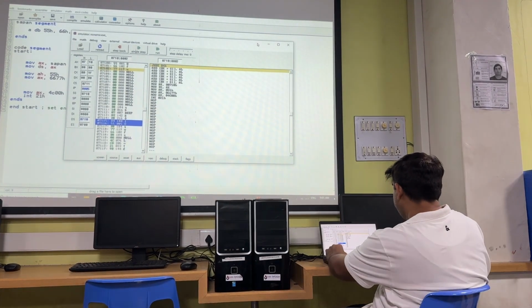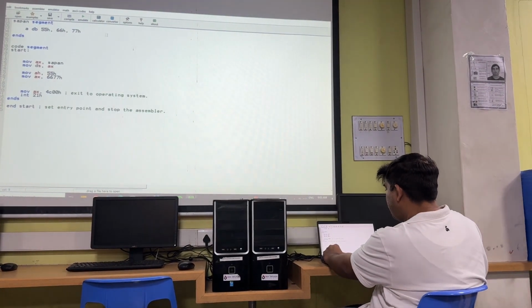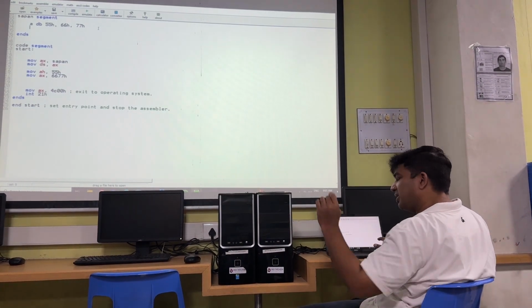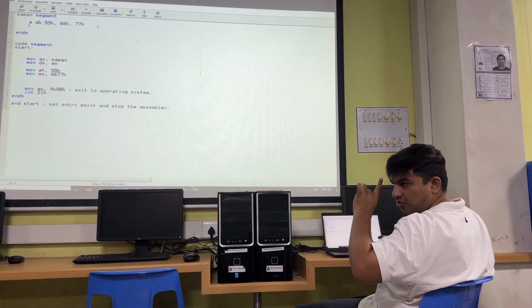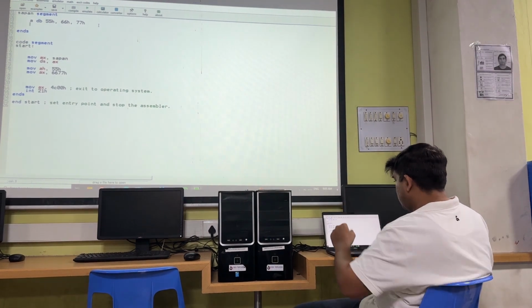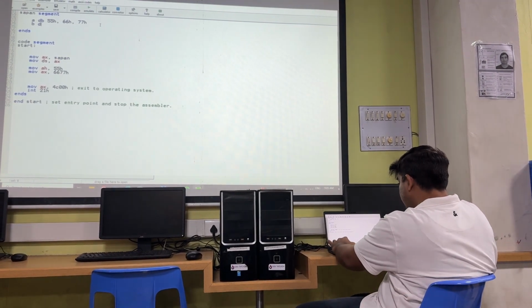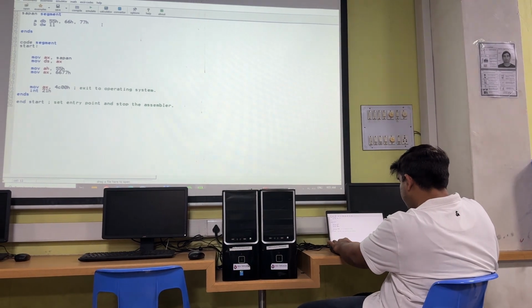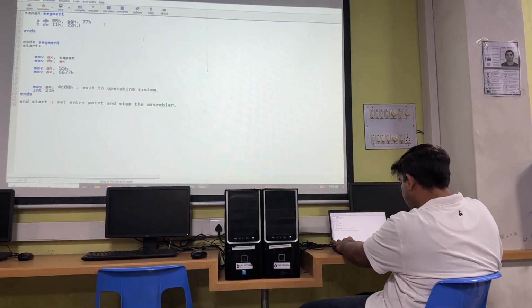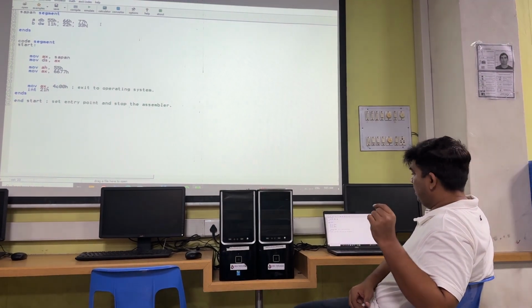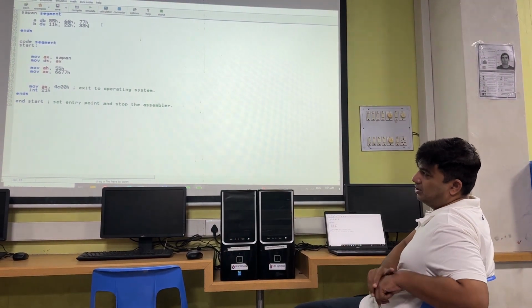Okay. Now by default your data is stored from the offset 0000. Understand? So if I am declaring variable B DW 11H, 22H, 33H, from where will my B array get started?